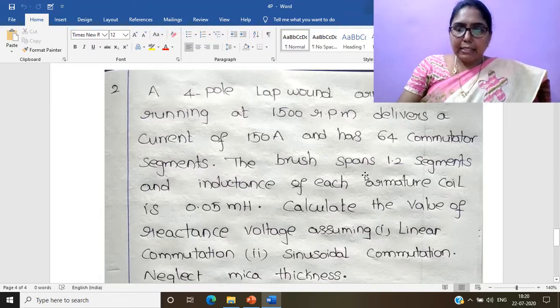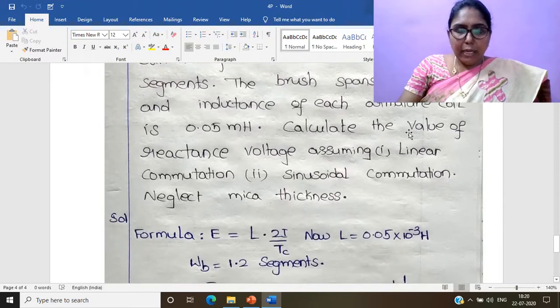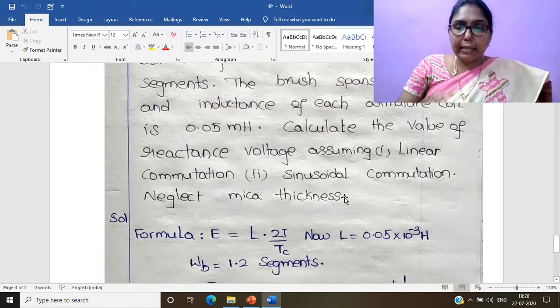The brush spans 1.2 segments and the inductance of each armature coil is 0.05 millihenries. Calculate the value of reactance voltage assuming linear commutation and sinusoidal commutation. Neglect mica thickness. In the previous problem they didn't mention the mica thickness, so we ourselves neglected it.